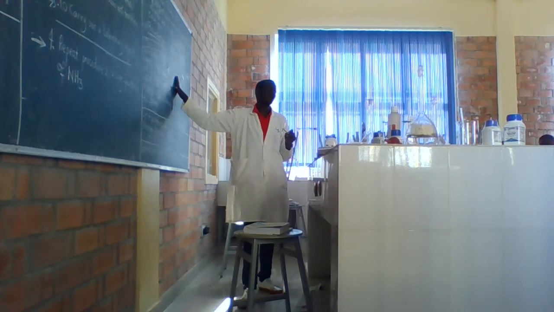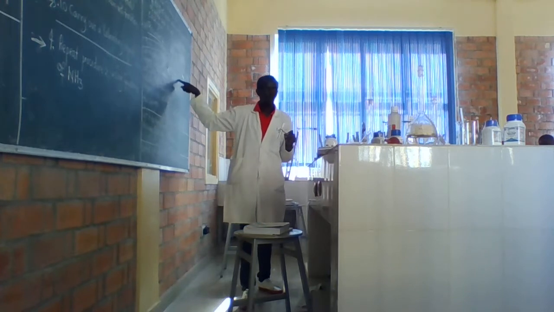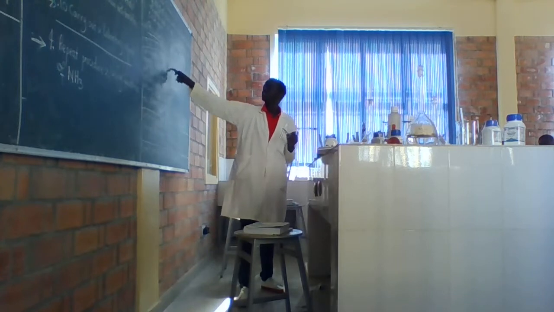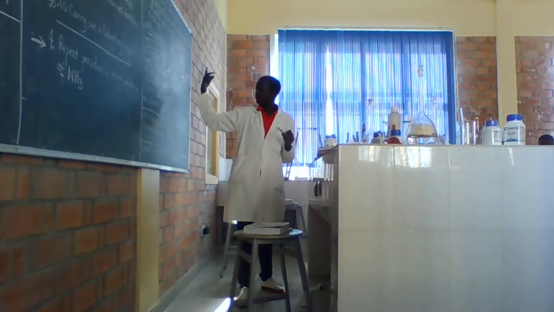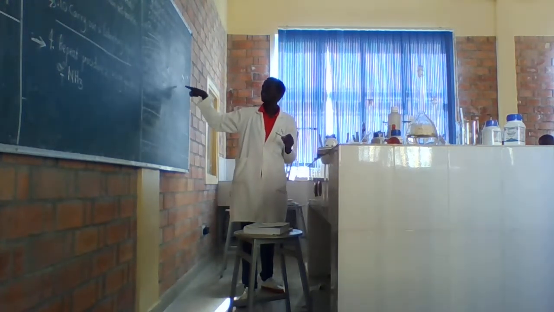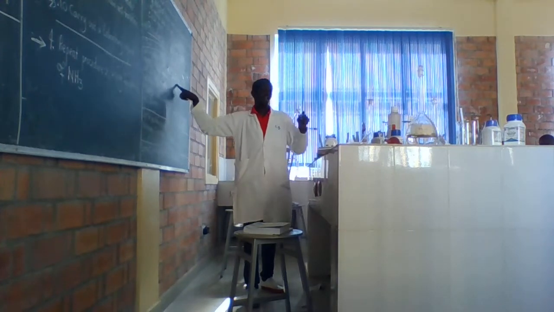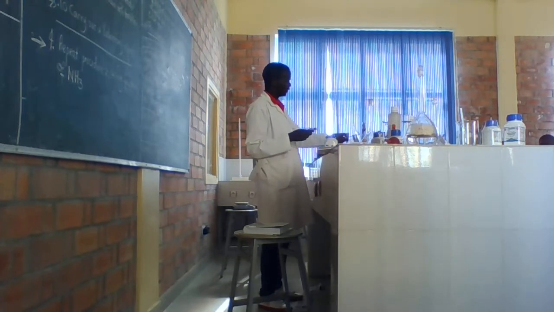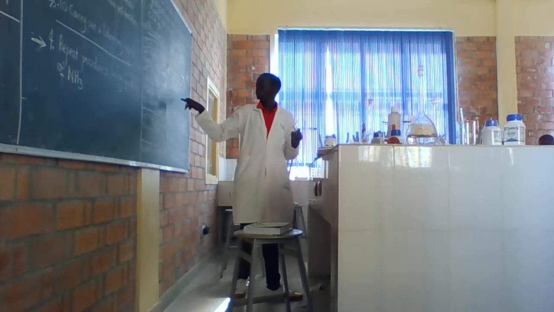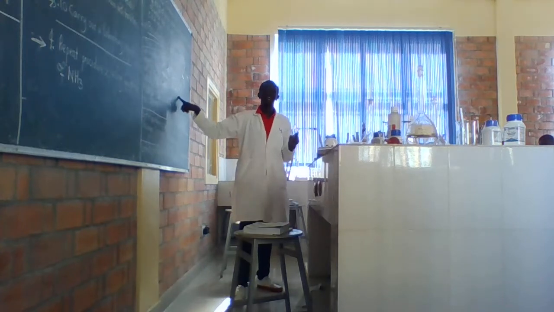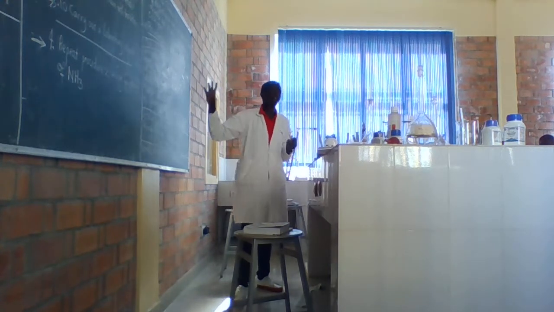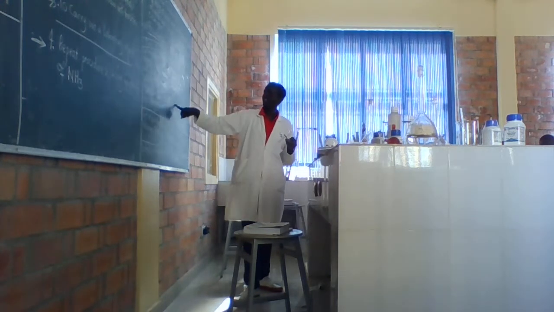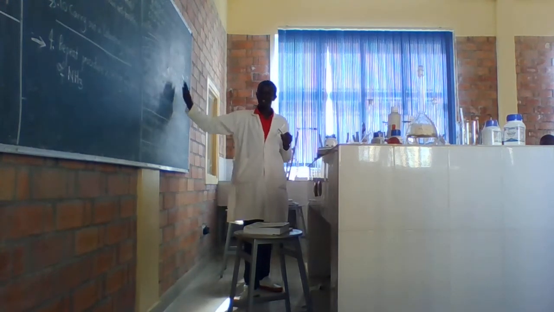If it is soluble in water, you write soluble, and if it is not, you write less soluble. Then you observe the color, and if there is a precipitate, if it is a precipitating reaction, you write it. I will observe the white precipitate. You record this in the table of observation.